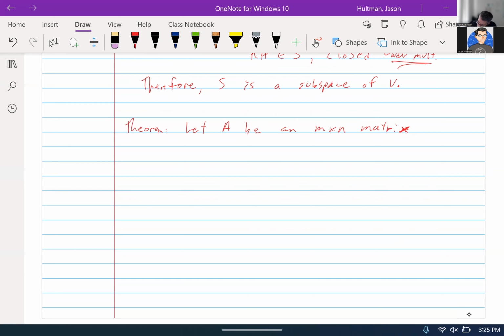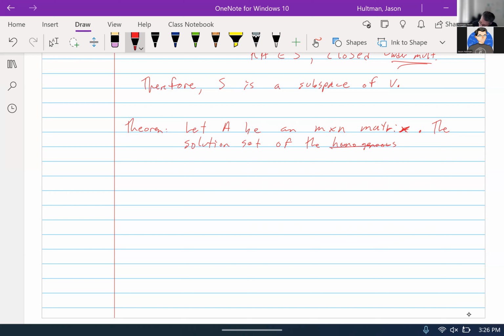The solution set of the homogeneous system of linear equations.